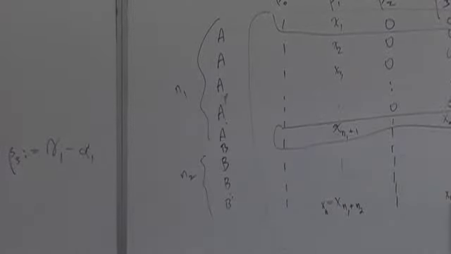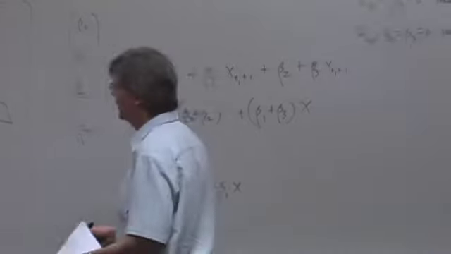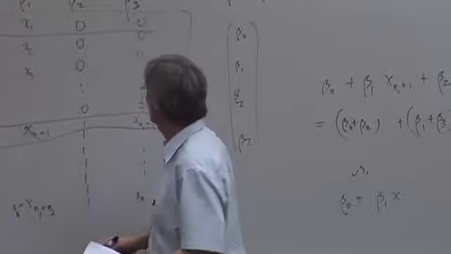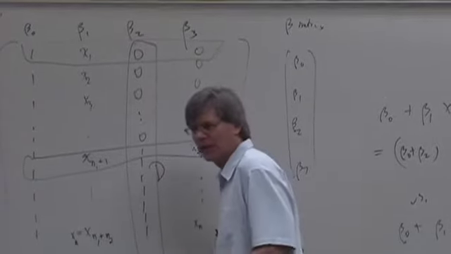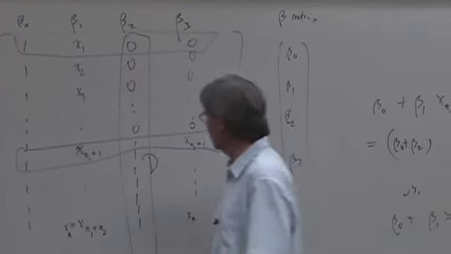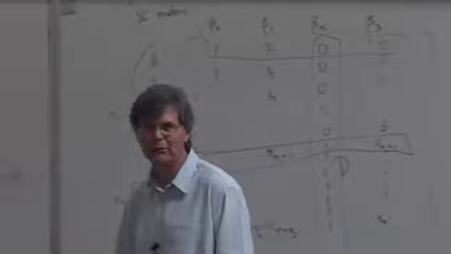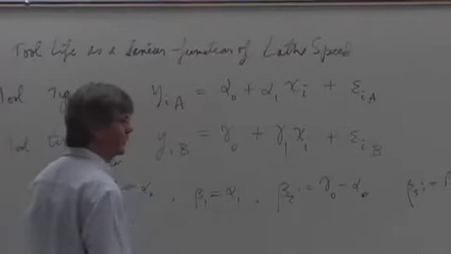I argue that there's one indicator variable. Now I'm going to write this a different way. I'm going to call this variable D in order to keep from calling it an x. So if I call that a D, an indicator variable, then what does this model look like?